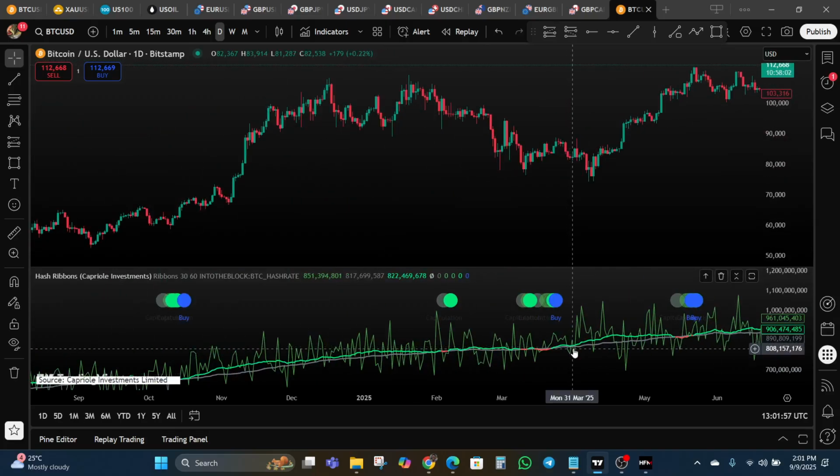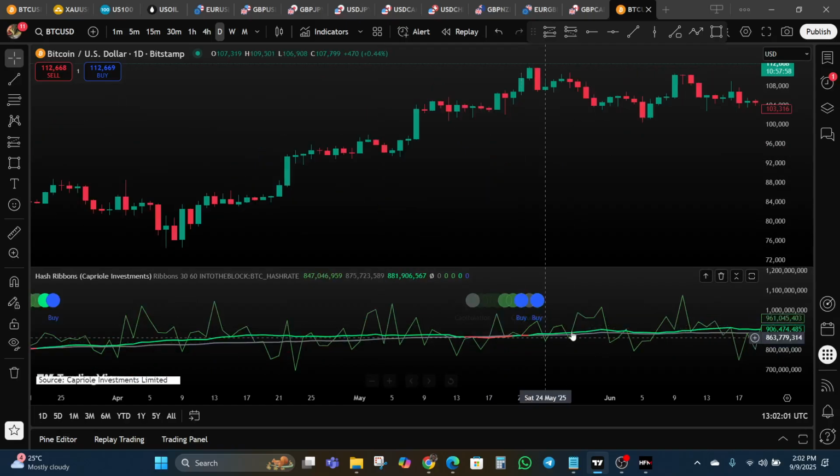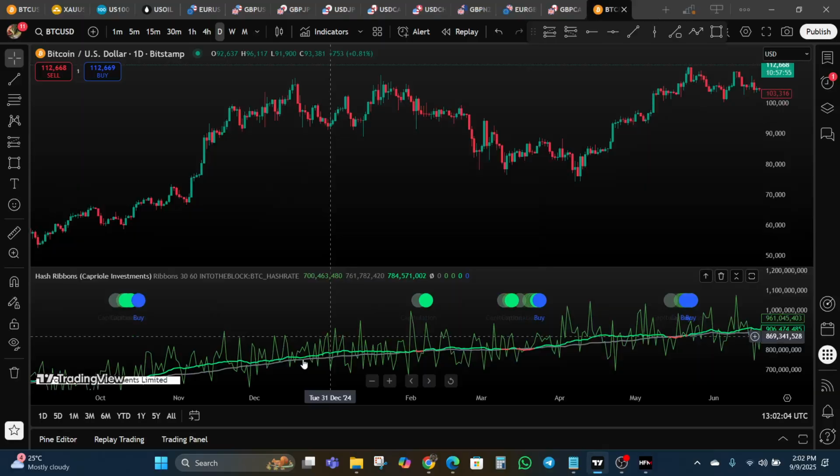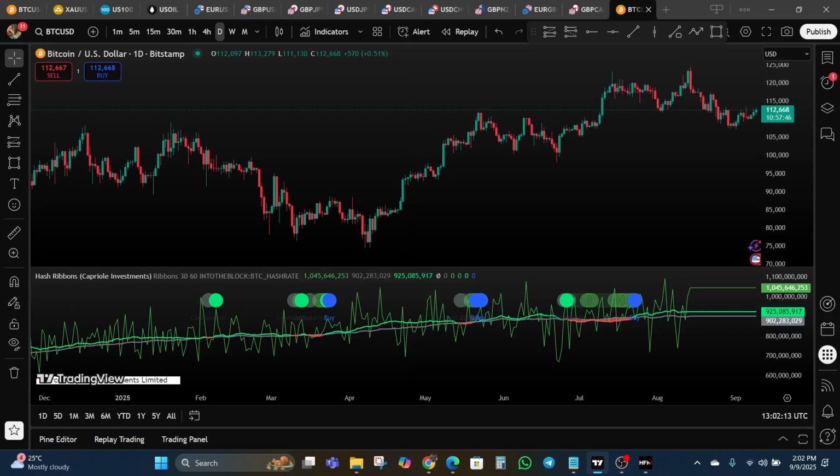You can see capitulation, buy, and all the lines moving here and there. You might find this quite interesting if you are interested in hash rate related information about Bitcoin's network.